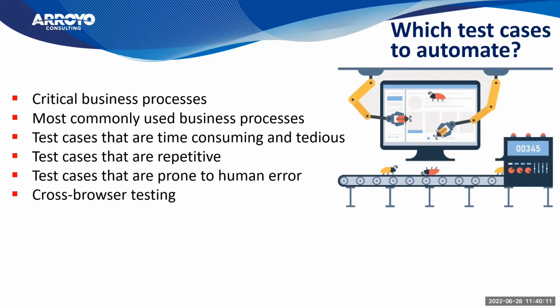The last one is the cross-browser testing. This is more related to the different kinds of browsers that we are using right now, because we have different kinds of browsers, and each browser works differently inside.